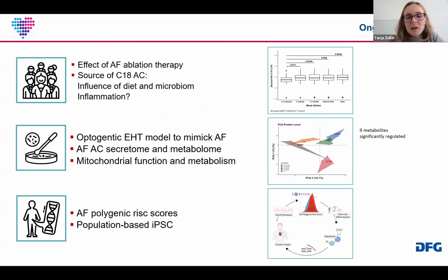We have some information that it might be influenced by diet and also, of course, the microbiome. We also developed an optogenetic model for the engineered heart tissue, where we try to mimic atrial fibrillation. So you can put the light on, then the atrial fibrillation starts, and if the light is off, then there is no atrial fibrillation.